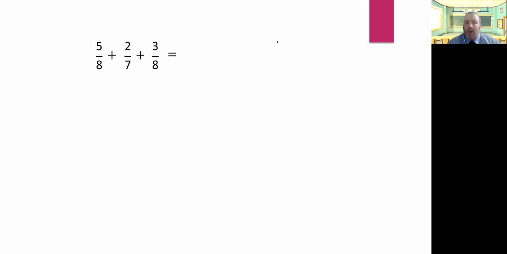Now I could take a lot of time finding an equivalent denominator that they can all multiply into, or I can look at the 8s. 5 and 3 added together make 8 8s, which is the same as 1 whole. So 5 8s plus 3 8s plus 2 7s. So 5 8s and 3 8s, as I said, makes 1 whole. And then I've got 2 7ths that I don't now need to find an equivalent fraction to work with.